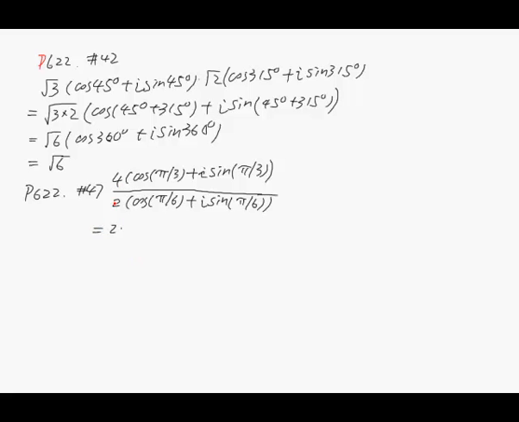Then times cosine of the difference of their arguments: pi over 3 minus pi over 6, plus i times sine of pi over 3 minus pi over 6.